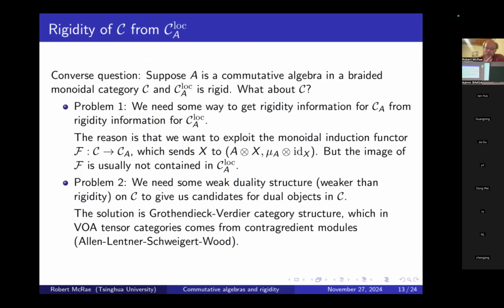And in general, if you start with an object X and you induce it to an object of CA, you don't usually get an object of CA local. So, you'd like the fact that this is a monoidal functor to tell you something about rigidity of C, given that CA local is rigid, but first you need to get rigidity for CA if you want to do something with this.